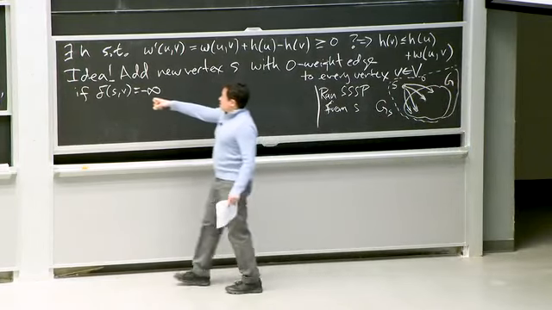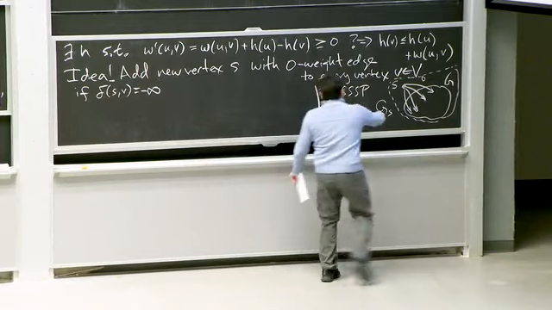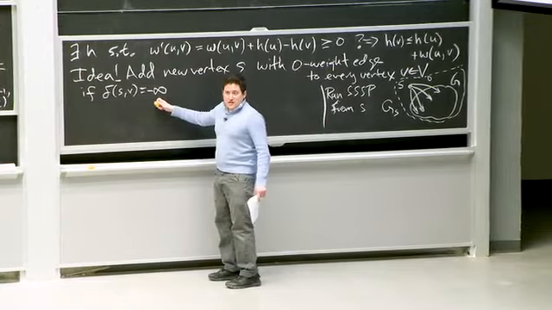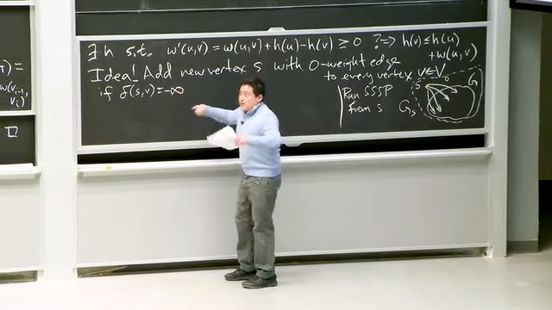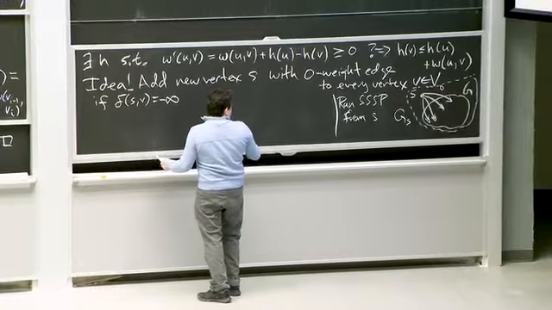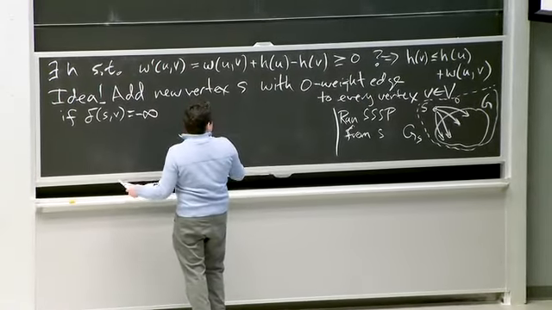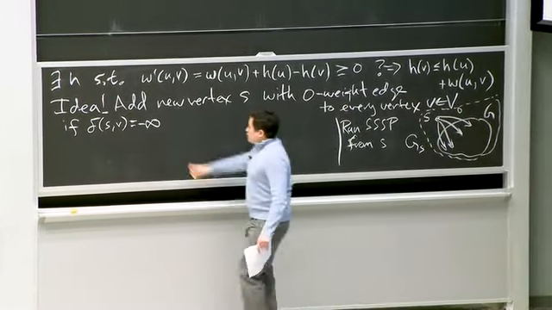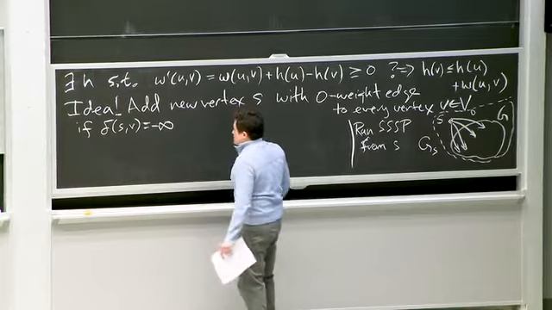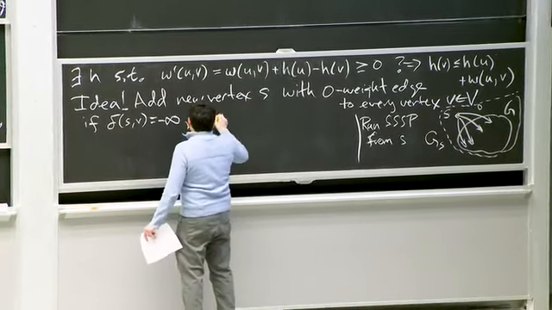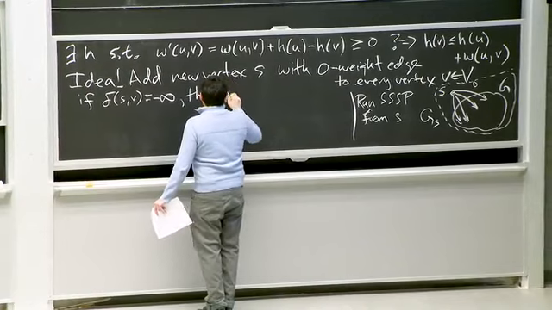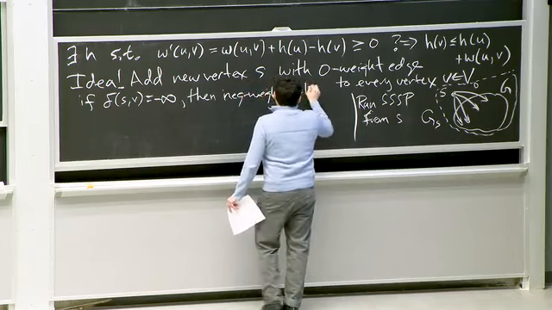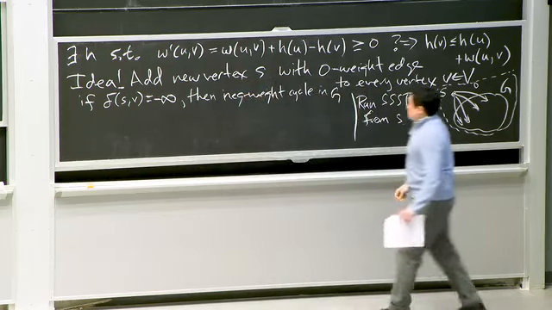If there exists in this new graph, this GS, a vertex that has negative infinite weight, in the original graph, G hasn't been reweighted yet. If there's a negative weight distance from S, then there was a negative weight cycle in the original graph. Why is that?